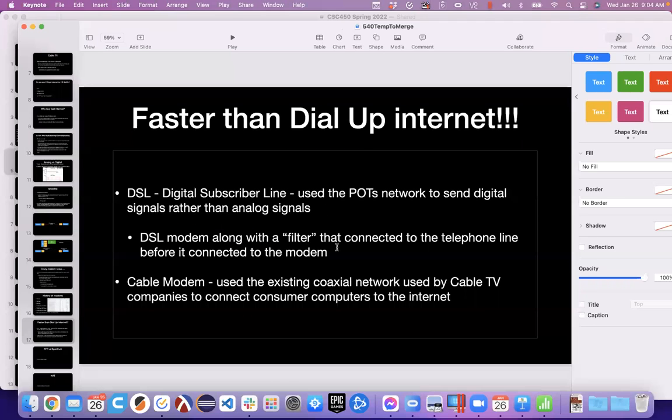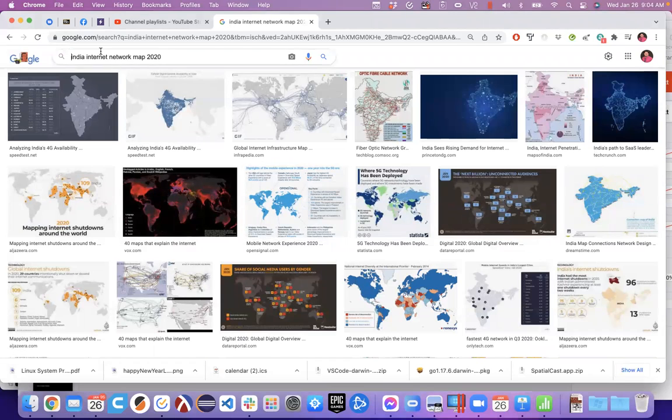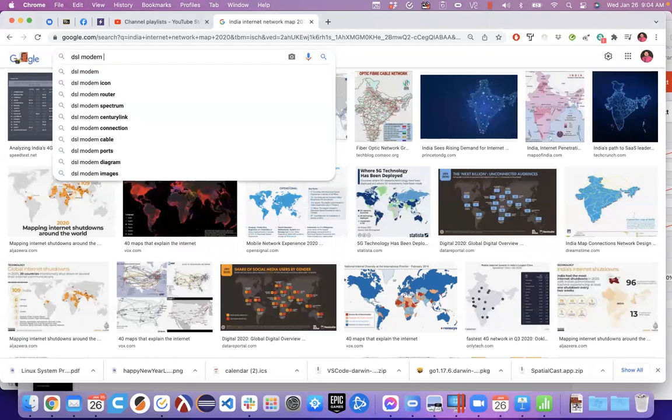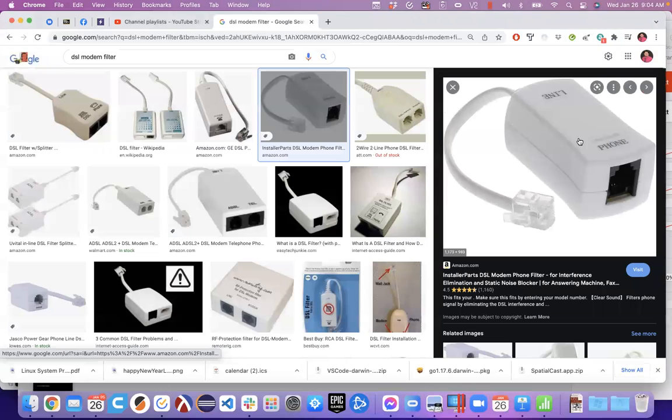All right. So if we look at a DSL modem, this guy right here. You plug in the phone line here, and then you plug this into your DSL modem. Okay.